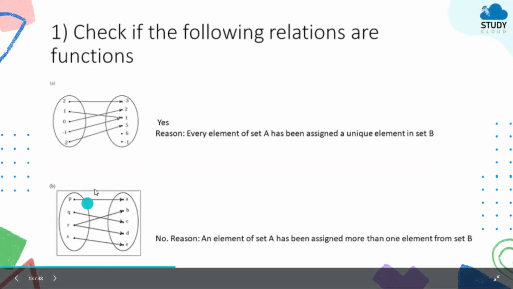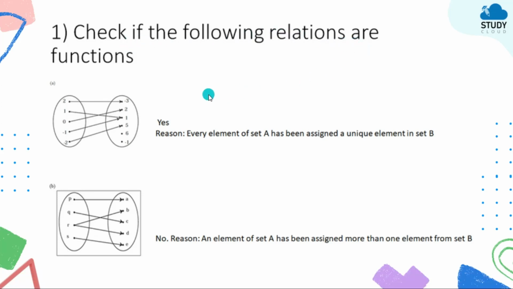Here check if the following relations are functions. See the first set, 2, 1, 0, minus 1, minus 2. This is the second set, minus 3, 2, 1, 5, 6, minus 1.